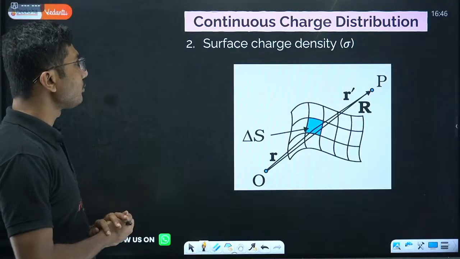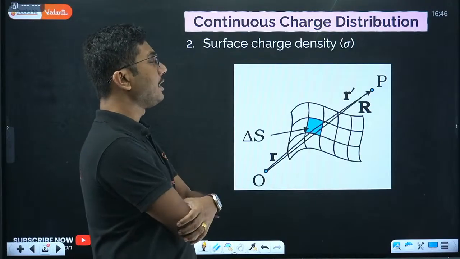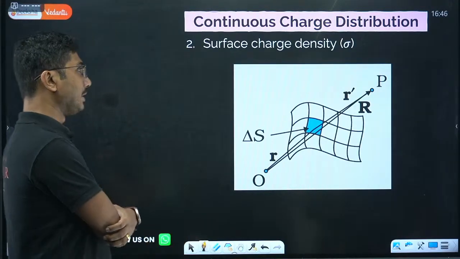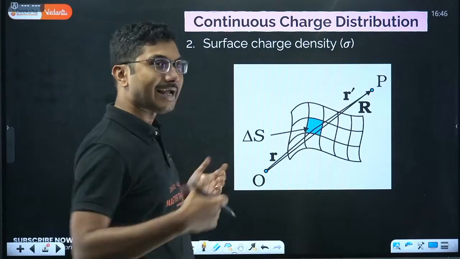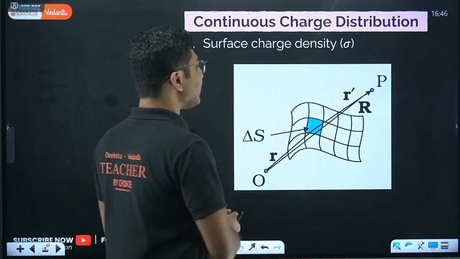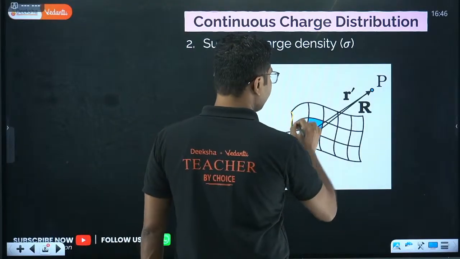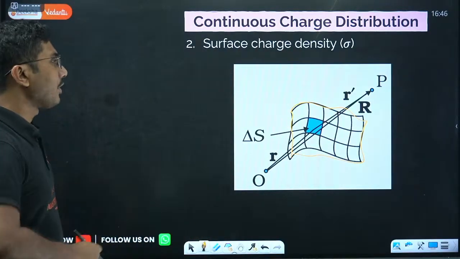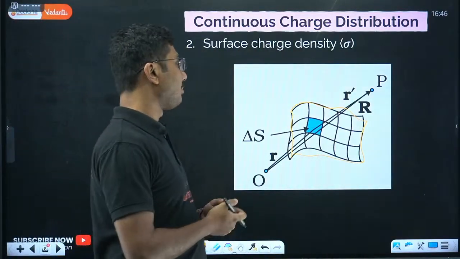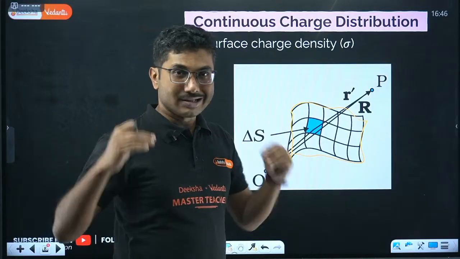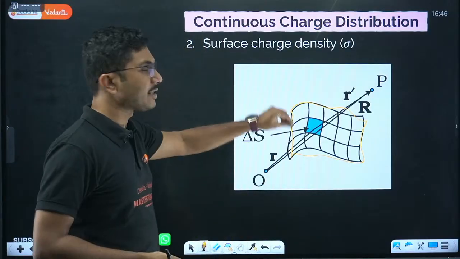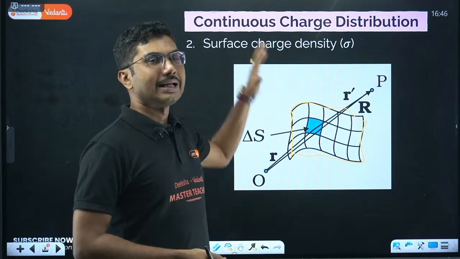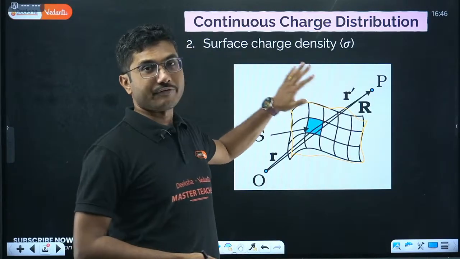Now let's move on to the second quantity, which is surface charge density. Same as line charge, it is basically a surface. Instead of a simple line, it is a two-dimensional surface. It can be a page of a paper, it can be a metal sheet. If you add some charge on that paper, then you can consider it a charged surface.